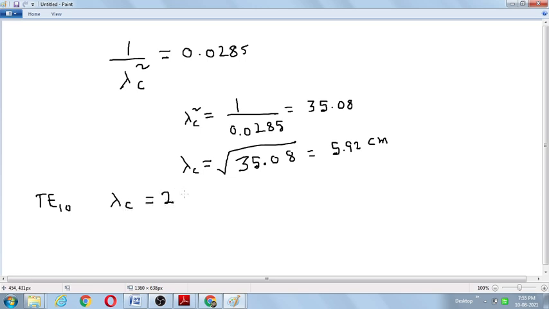Just observe this formula: 2ab by square root of m square b square plus n square a square.